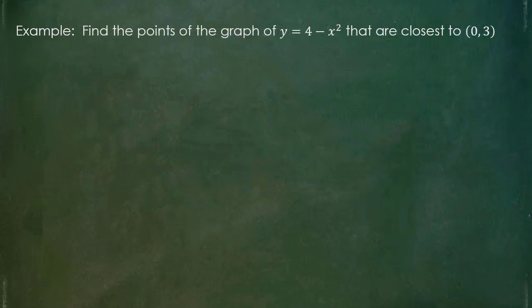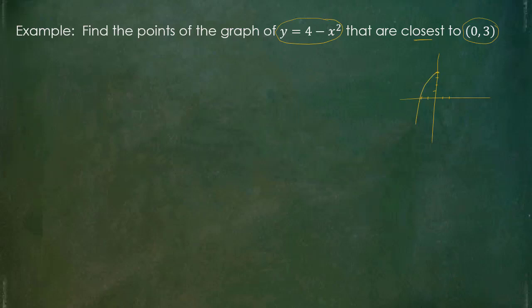So this one, it wants us to find any points or all of the points that are closest to this point 0, 3, but they lie on the graph of y equals 4 minus x squared. So this is one that we could give ourselves a little visual for. 4 minus x squared would be a parabola that shifted up 4 places and then has x-intercepts of positive and negative 2.